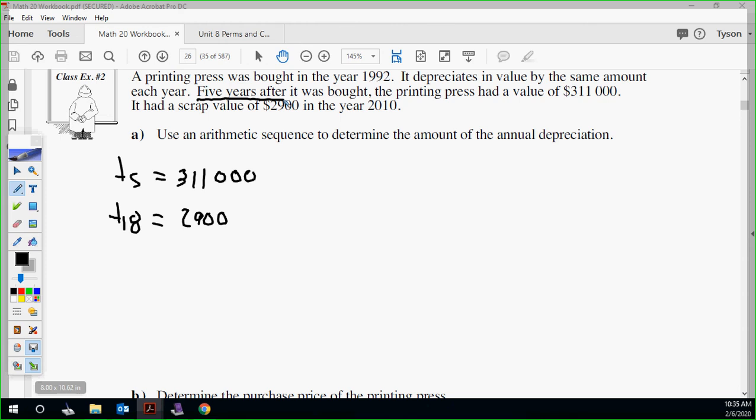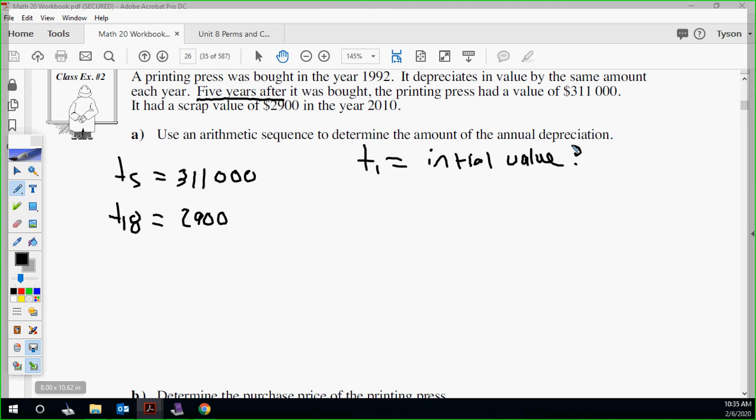So the reason I'm asking that is, does T1 equal initial value? I want you to think about the wording of how we've labeled our terms, and answer the question: if I want to find how much the printing press was worth when I bought it, is that represented by T1? Why?